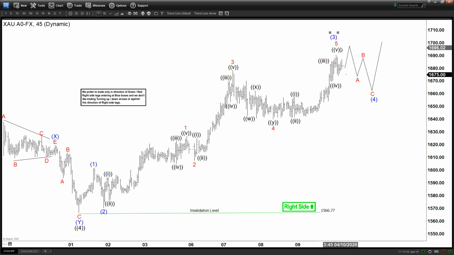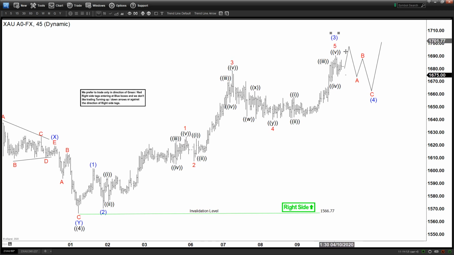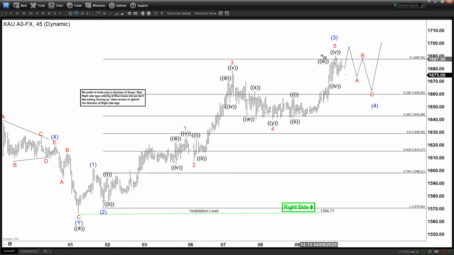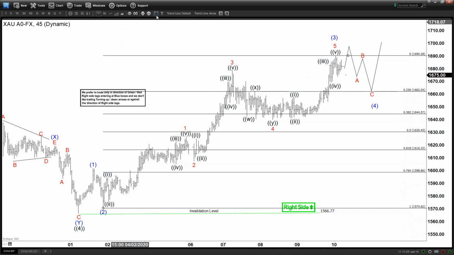In that case, typically wave 4 is a 23.6, 38.2 retracement of the wave 3, so we could go back to around 1662, 1644. If we can get something like 3 waves going into this, then that could possibly be the wave 4, and from there we can still extend higher again. So that's the idea. We still like more upside in gold as long as we stay above 1566.